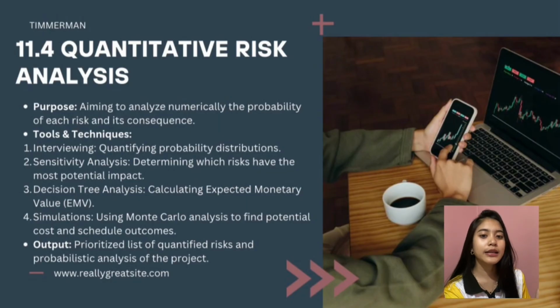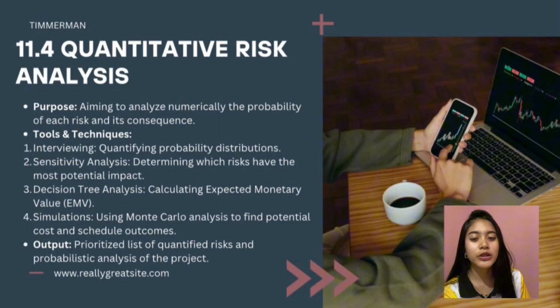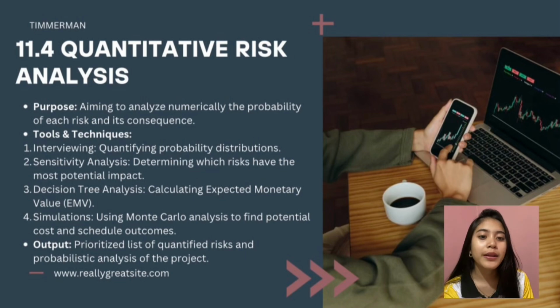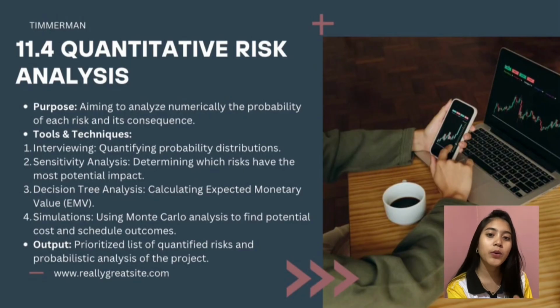This technique identifies which risks have the greatest potential impact on the project. So it analyzes how changes in one variable such as cost, time, or resource availability can influence the overall project outcomes. So this helps the team focus on the most critical risk.